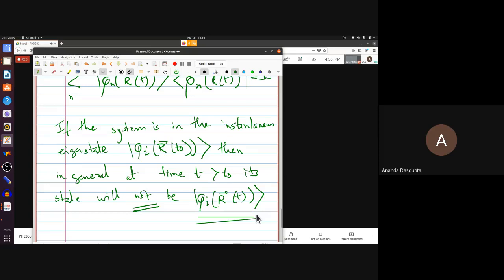If the Hamiltonian had been time independent, then energy eigenstates are stationary states. Once you're in there, you stay in there forever, as long as the Hamiltonian really is time independent.